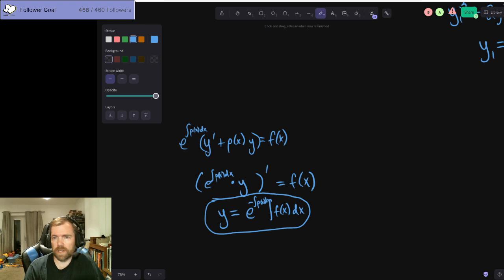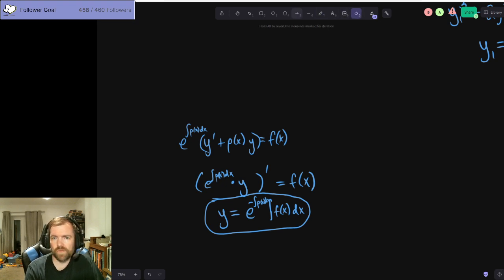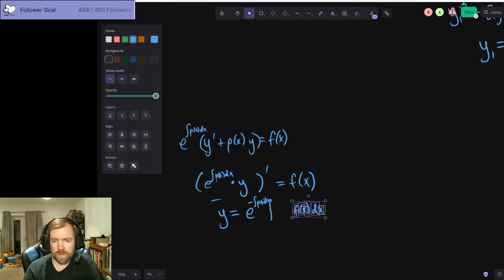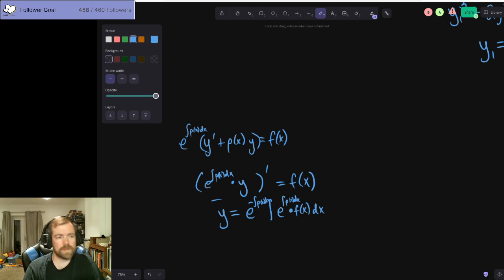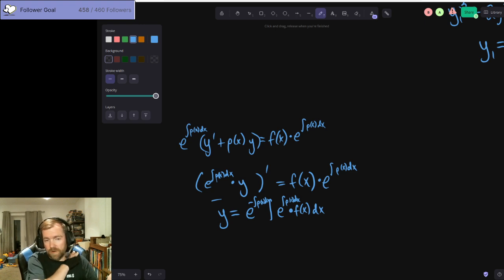I forgot e on the other side again. Here's the integral of p of x dx times f of x dx. So, kind of nasty, but it does allow us to solve this in general, so that's pretty awesome.